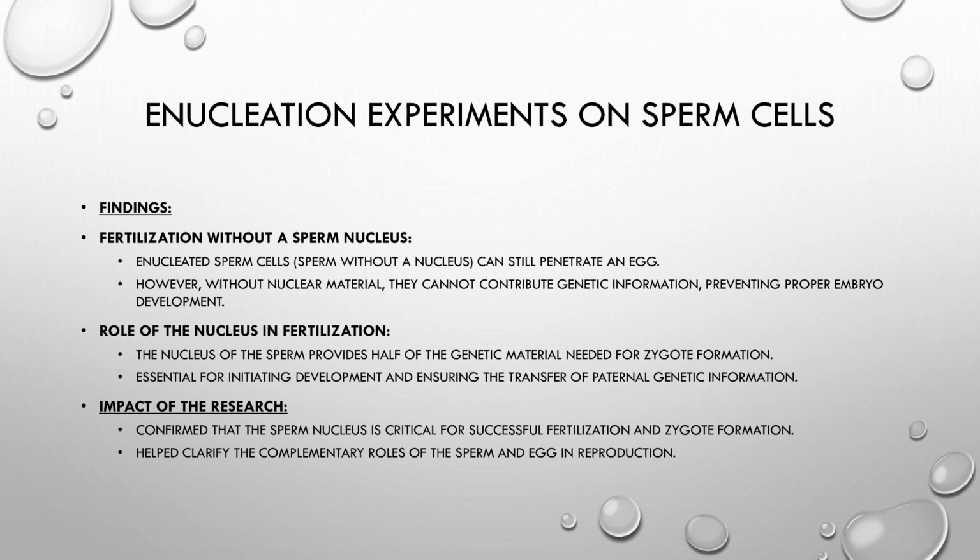Role of the nucleus in fertilization: the nucleus of the sperm provides half of the genetic material needed for zygote formation, and it is essential for initiating development and ensuring the transfer of paternal genetic information. The impact of the research confirmed that the sperm nucleus is critical for successful fertilization and zygote formation, and helped to clarify the complementary roles of the sperm and egg in reproduction.